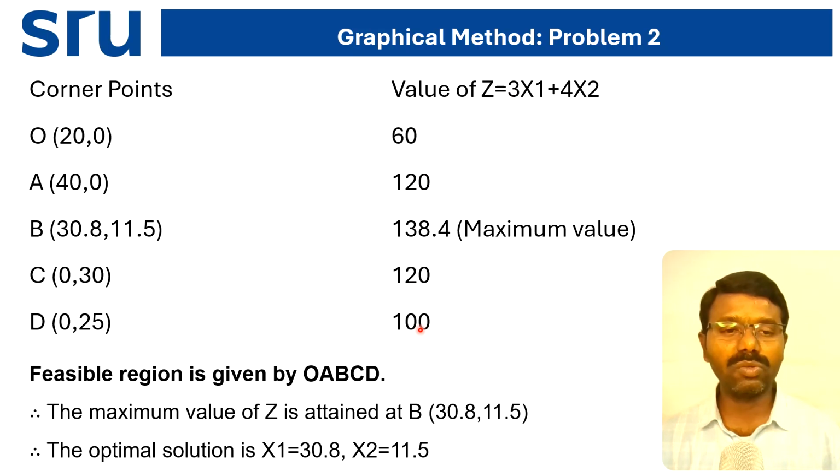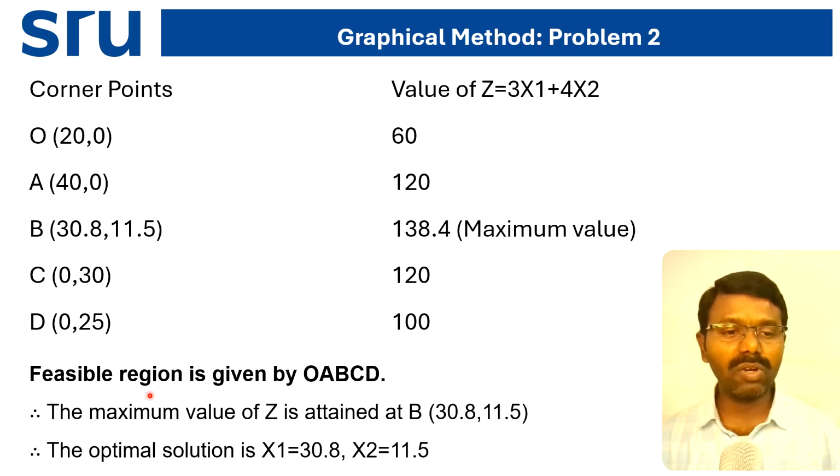If you substitute the x1 and x2 values, at O we are getting Z value as 60, at A we are getting 120, at B we are getting 138.4, at C we are getting 120, and at D we are getting 100. If you look at all these Z values, Z is maximum at B, that is 30.8, 11.5.